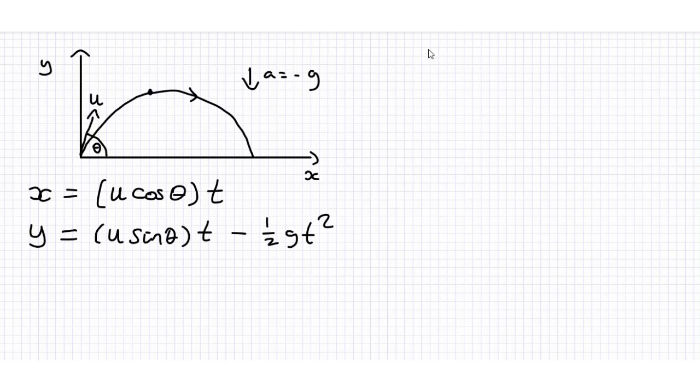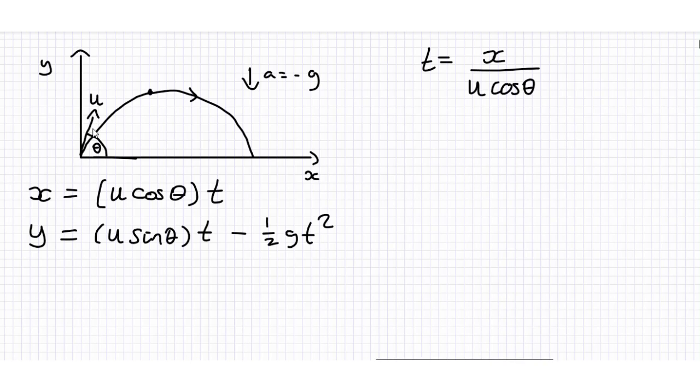So t from equation 1 is equal to x divided by u cos theta, and we know u is non-zero, and cos theta will give us 0 if the angle theta was 90 degrees, but we're considering motion really where theta is greater than 0, otherwise we're just rolling on the floor, and less than 90 degrees, because if it's 90 degrees it's just going straight up in the air.